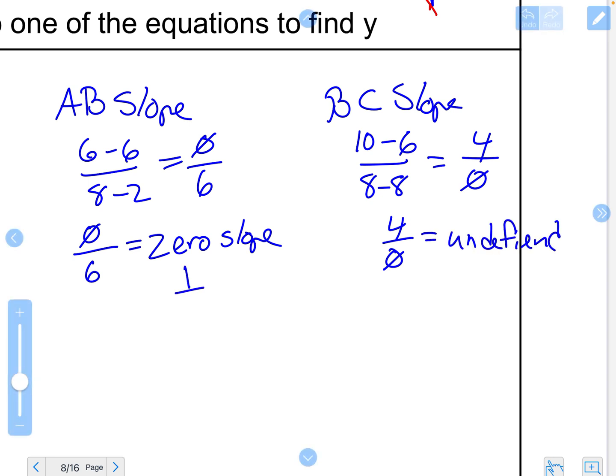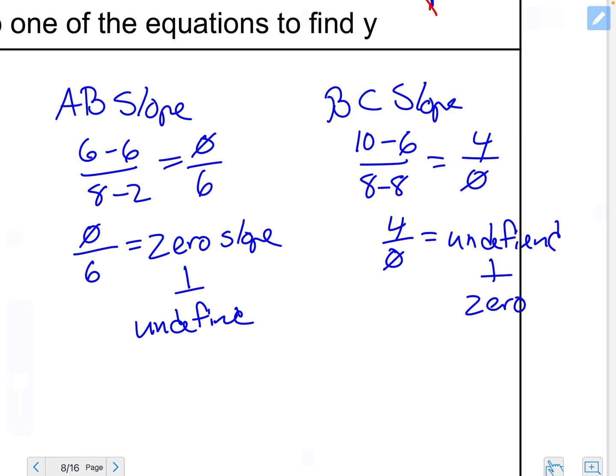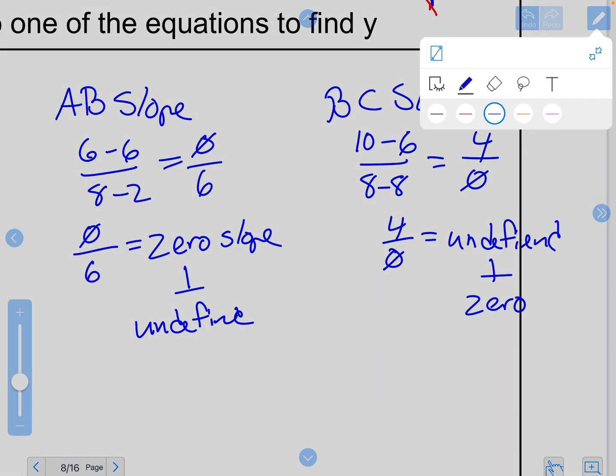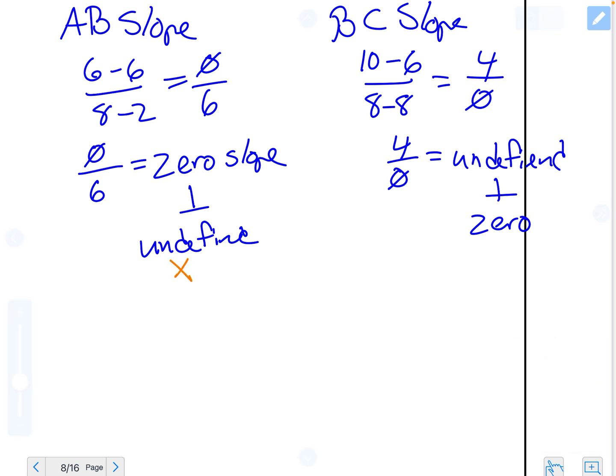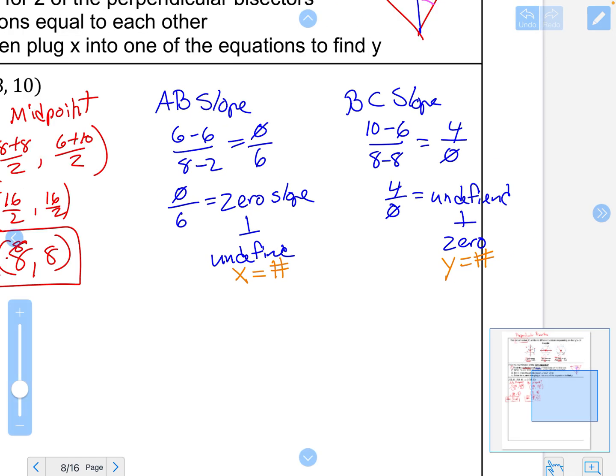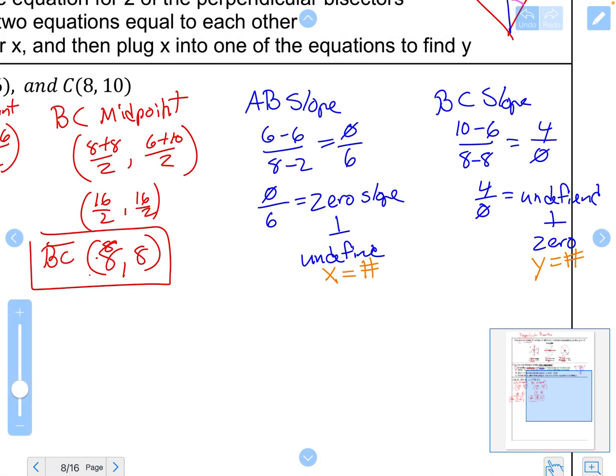0 slope is perpendicular to undefined, and undefined is perpendicular to 0. So very quickly, what we know about undefined lines is undefined lines are equations that are x equals a number. 0 slope lines are lines that are y equals a number. So let's real quickly draw our triangle.